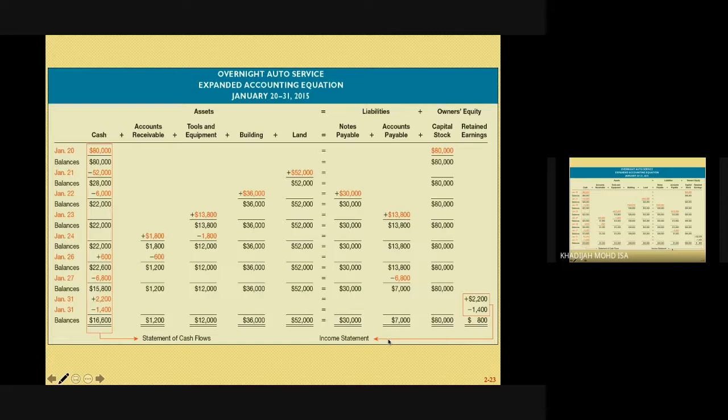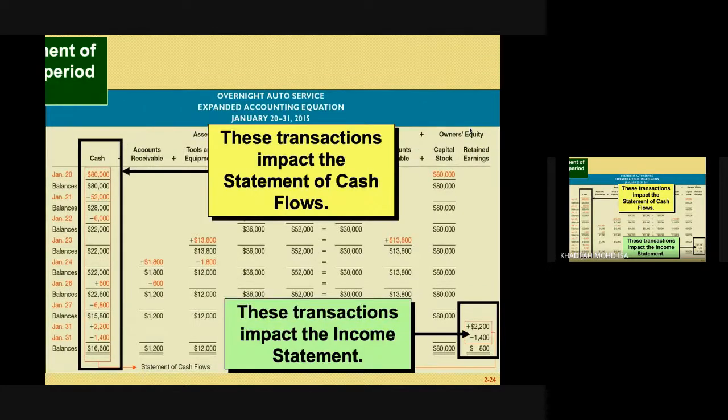Some of these assets go into your statement of financial position, along with notes payable and accounts payable, but your retained earnings, income and expenses will be shown in your income statement, or SOPL, the statement of profit and loss.